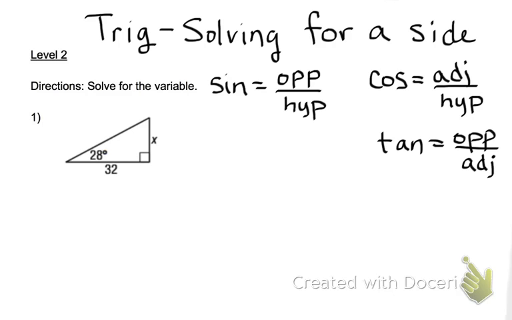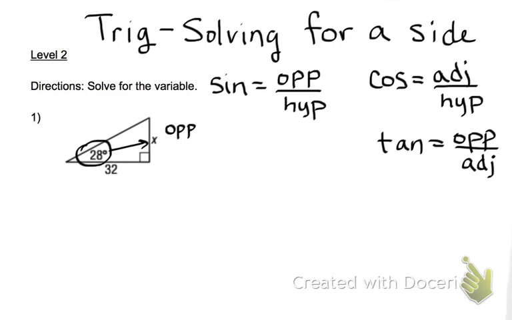So first I need to figure out which one of these trig functions I am going to use to solve this problem. So first thing I'm going to do is, from the angle that's given, so that would be the 28 degrees, figure out what is x and what is 32. Well, x is across from the angle, so that would be our opposite.